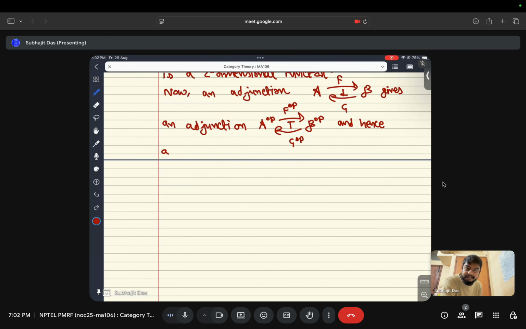This adjunction will give you a unit co-unit. This is an adjunction between functors, and hence a unit co-unit pair satisfying the triangle identities.